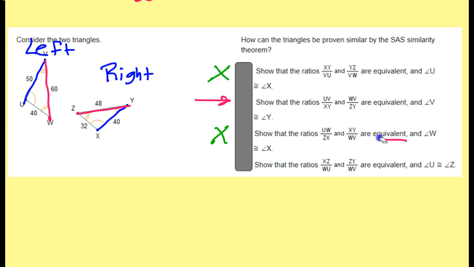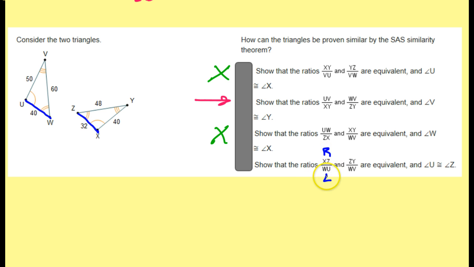Okay, now let me erase some of this because it's in my way. All right, last one. Let's check it out. XZ is here on the right. Got to pay attention to that. And then we have WU, which is over here on the left.